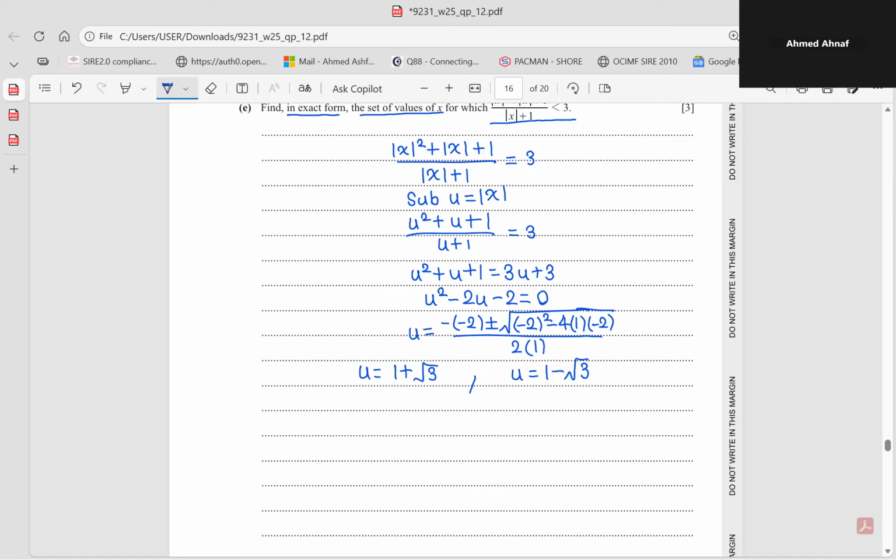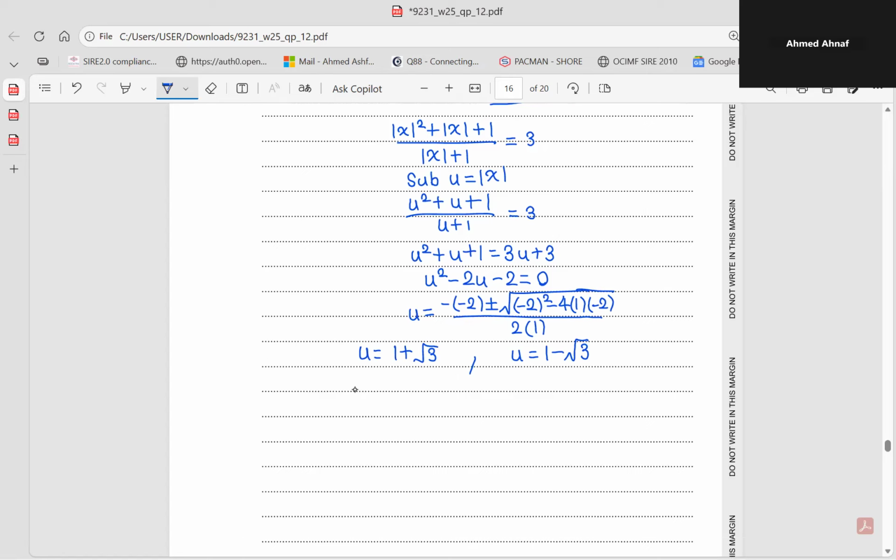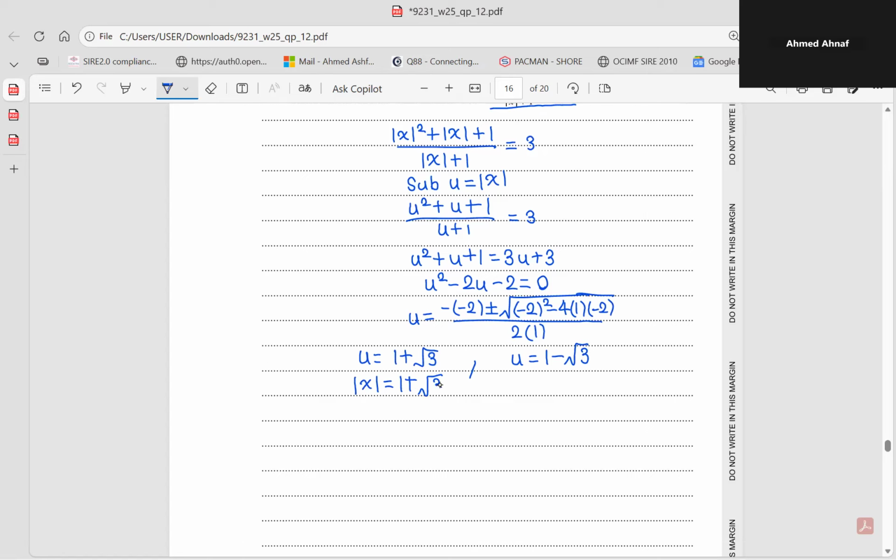Now let's substitute back the modulus of x. I have a feeling that one of the values we'll have to reject because it's negative, and the modulus of x cannot be negative. So it's this one. So this is rejected.